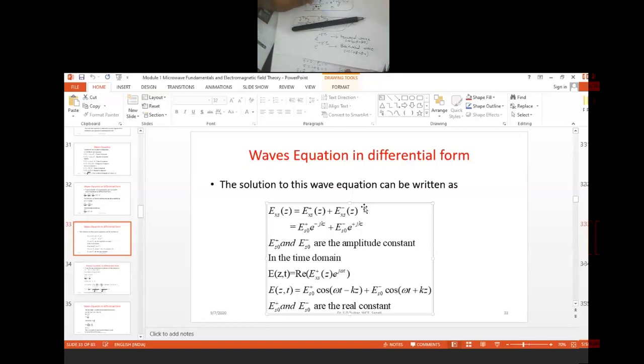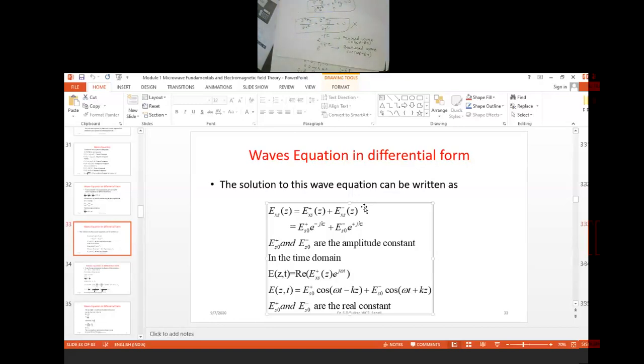So in that particular case, you should know what field components you have: the forward component and the backward component. But in the case of a wave propagating in free space, all the expressions we generally take assume the wave is propagating in a forward direction, not in a backward direction.